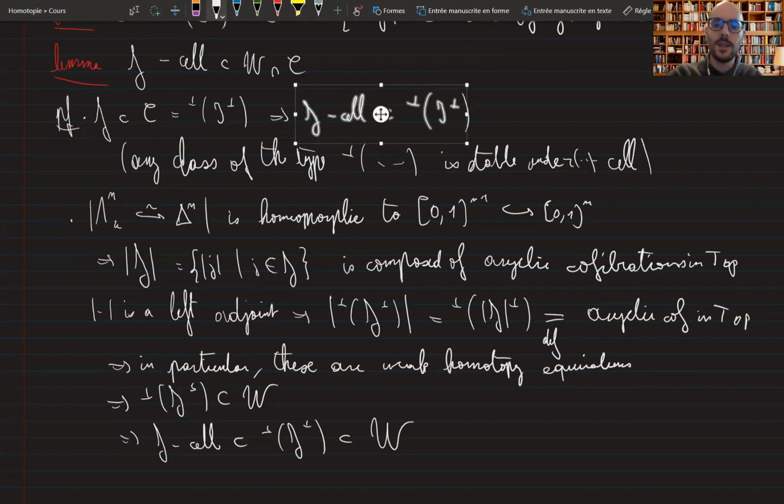First of all, J cell is included in this thing here, which is cofibrations, as we proved before, and they're also included in weak equivalences. Okay, good for everyone.